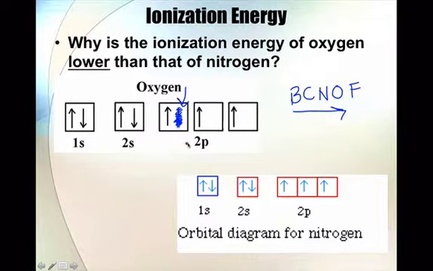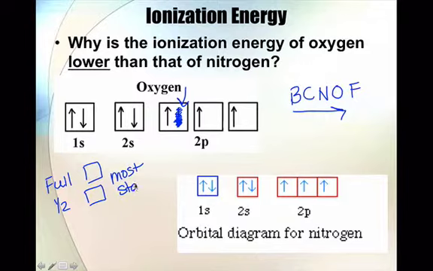If you take that electron away, what you're going to find then is you have a full 1s, a full 2s, and then a half-filled 2p. And we talked about this earlier with orbital box diagrams, that full boxes and half-filled boxes are the most stable. So by losing that one electron, it actually makes oxygen more stable than it was before.